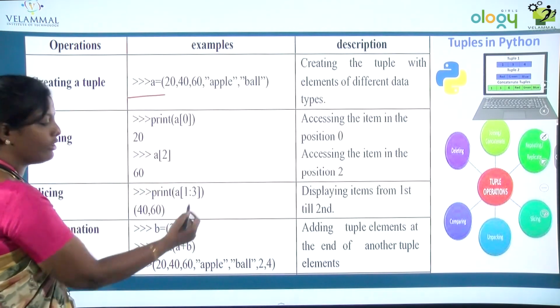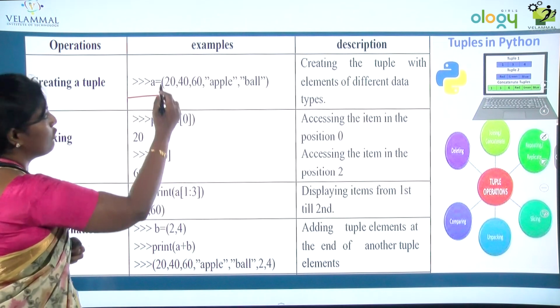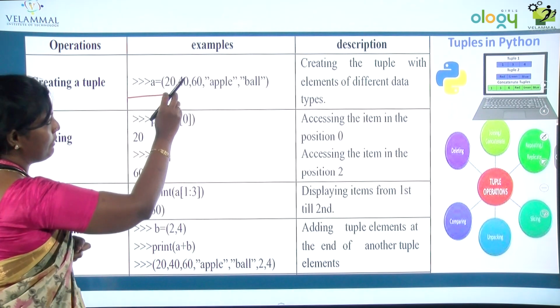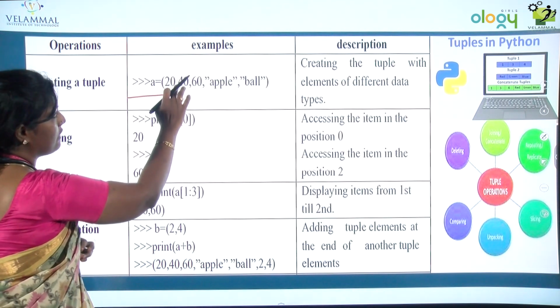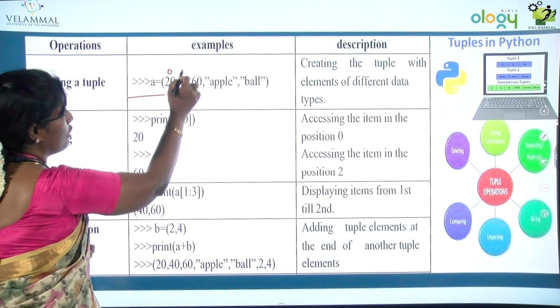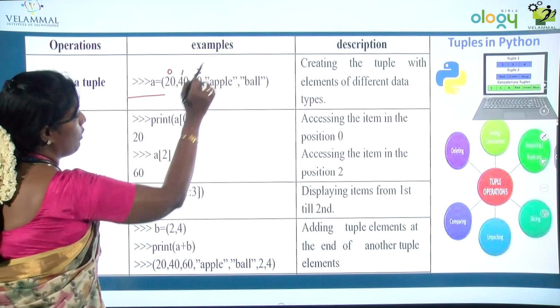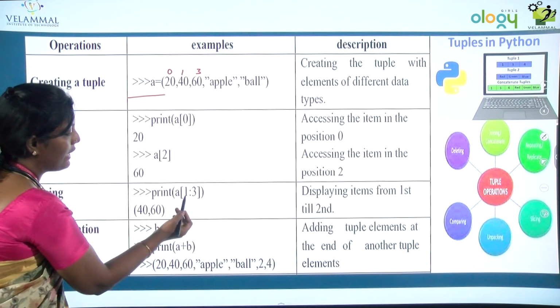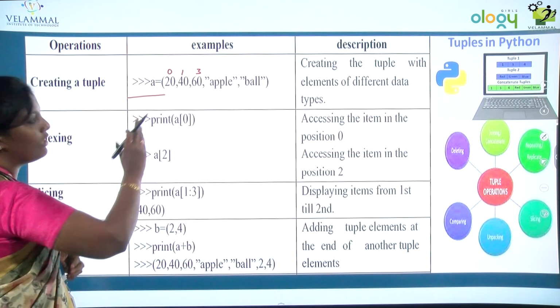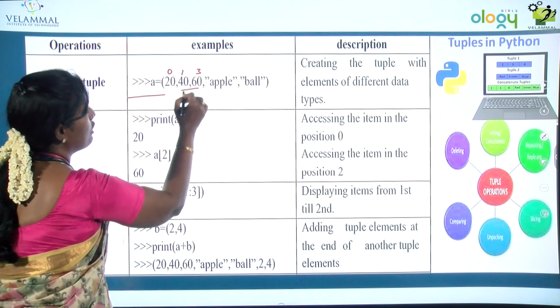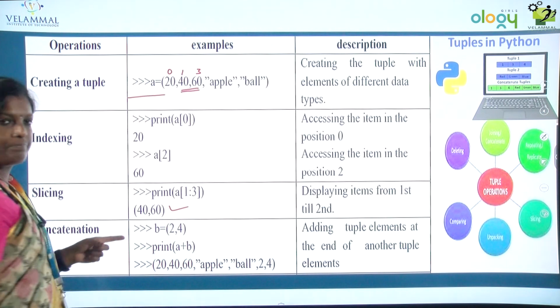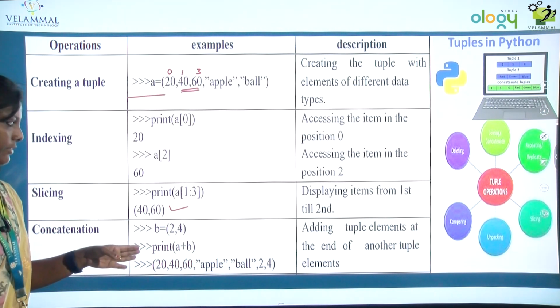From here, I'm going to slice from 1 to 3. Index values are 0, 1, 2, 3, and so on, right? So from 1 to 3, I slice and cut only that information. When it's 1 to 3, you know what is going to be displayed? 40 and 60. This is called the slicing operation.